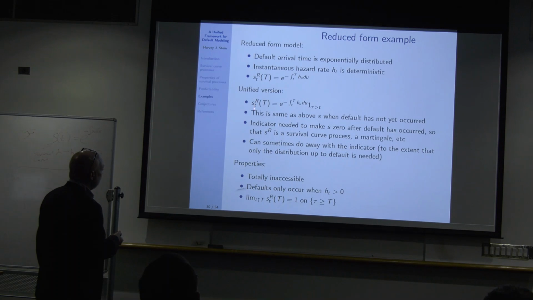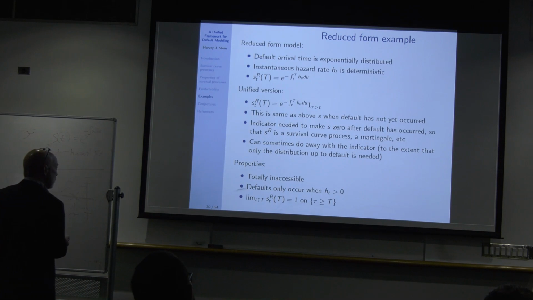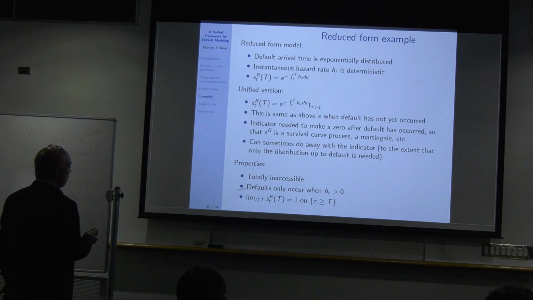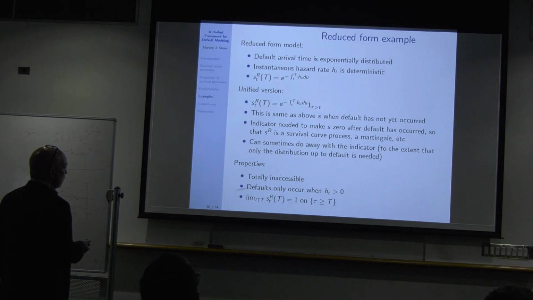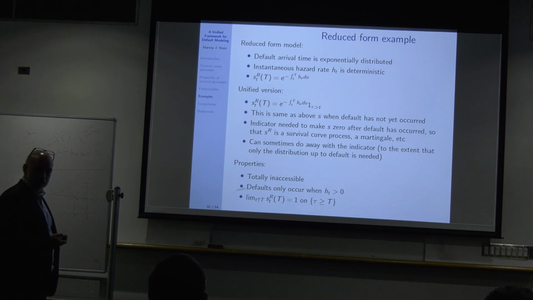So we have to write the survival process a little differently than you would ordinarily write it in a reduced form model. And what you can see, well, we know it's totally inaccessible. We mentioned that. Default can only occur at times where h_t is positive. Right? If the hazard rate is 0, you can't have a default at all.